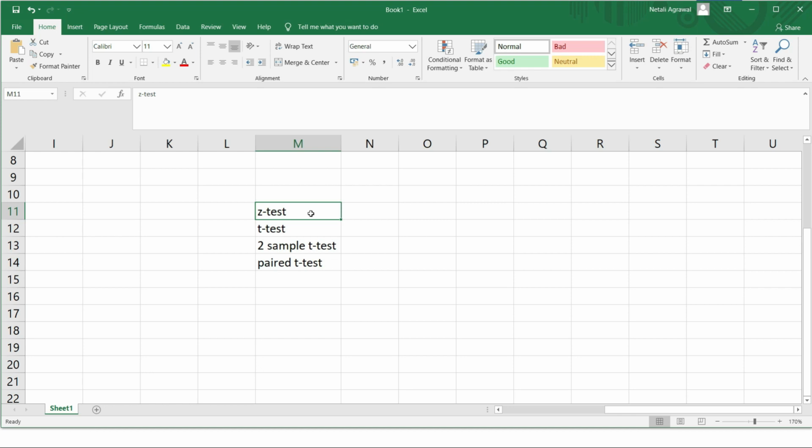So what is a z-test? When to use it? Z-test is also a test for hypothesis. It is done for normally distributed z-score statistics, and it calculates your z statistic and z critical value.